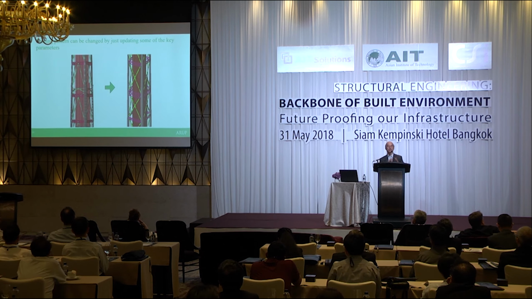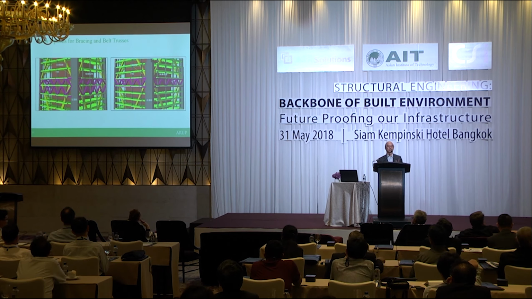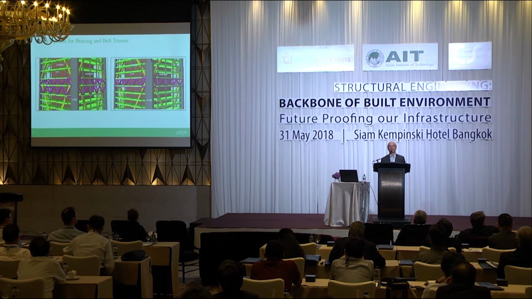Based on the same model, we can change the bracing pattern to whatever we want, or change a single-story belt truss to a double-story belt truss. Not too difficult, because once you have all these parameters linked together. But the most difficult part is how to link the data together. You need to sit down and think about it carefully before we start.